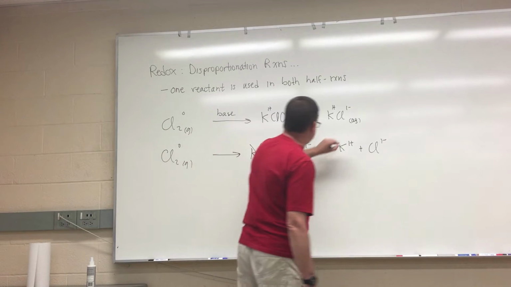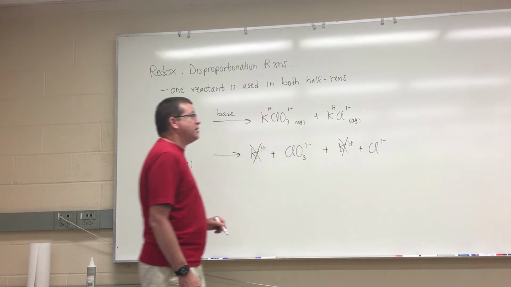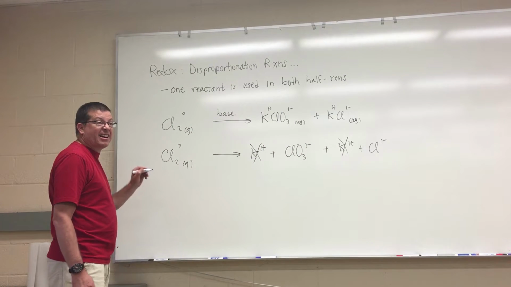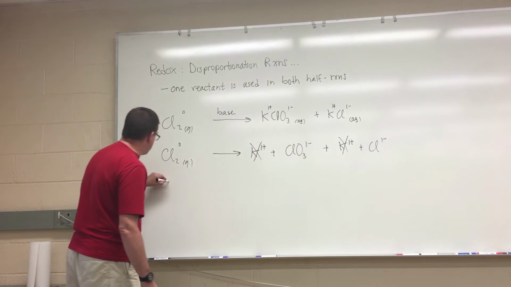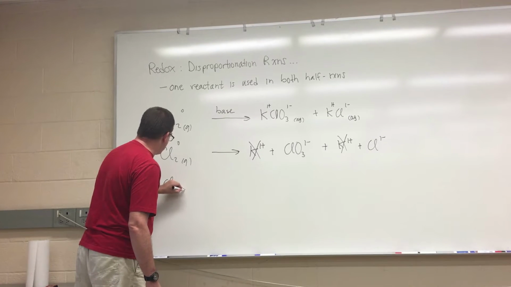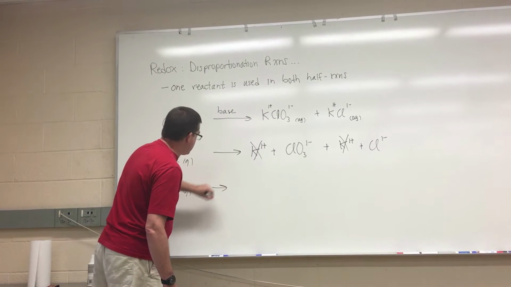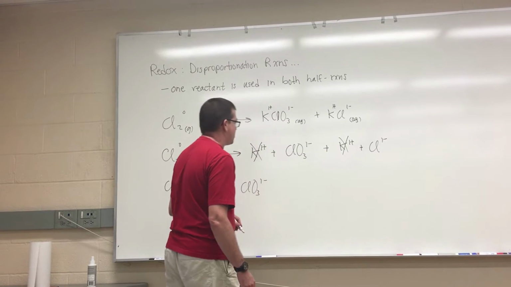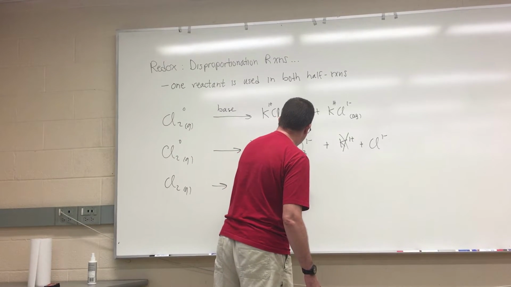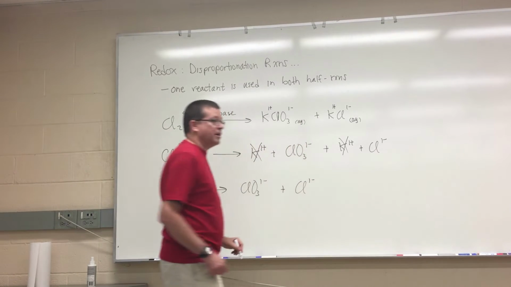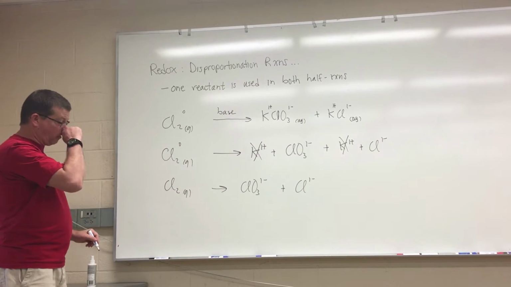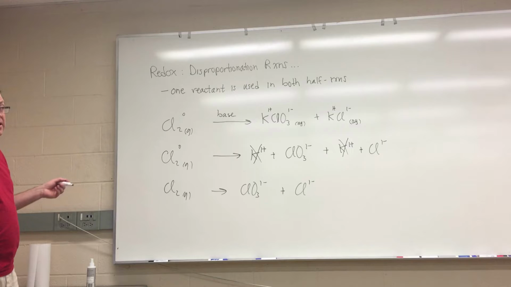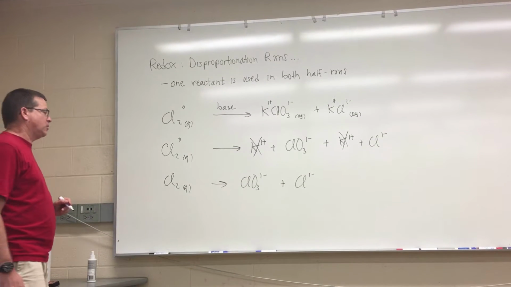So we get rid of the spectator ions, and now we're just going to write the net ionic unbalanced equation here. Cl2 gas is going to chlorate, ClO3 1- in aqueous solution, plus chloride, also in aqueous solution. Now we can identify what our half reactions need to look like.